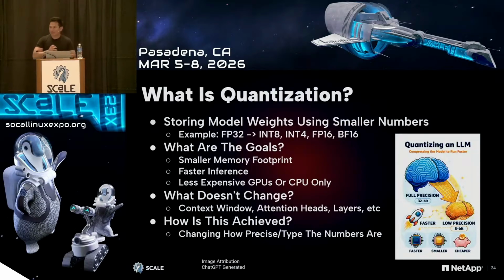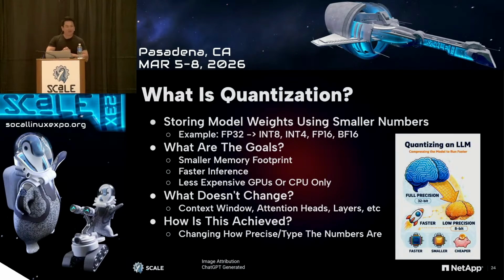Who here has heard about quantization? Okay, cool. When you train a large language model or small language model, typically it's done using floating point 32. The idea of quantization is that instead of using floating point 32, we use a different numeric representation, because everything becomes a number.